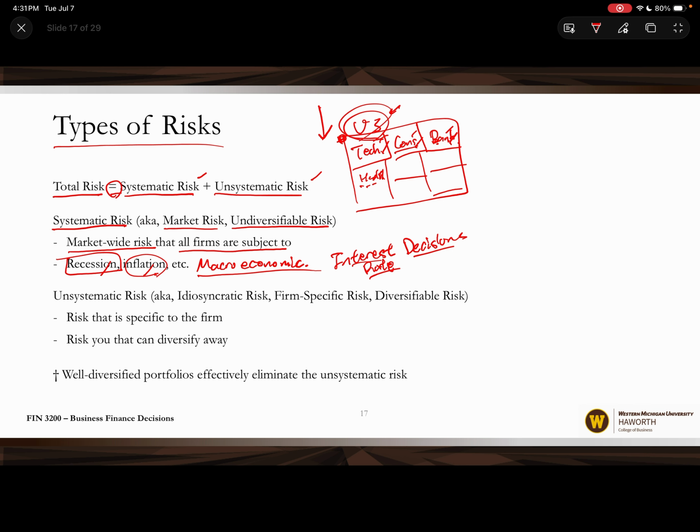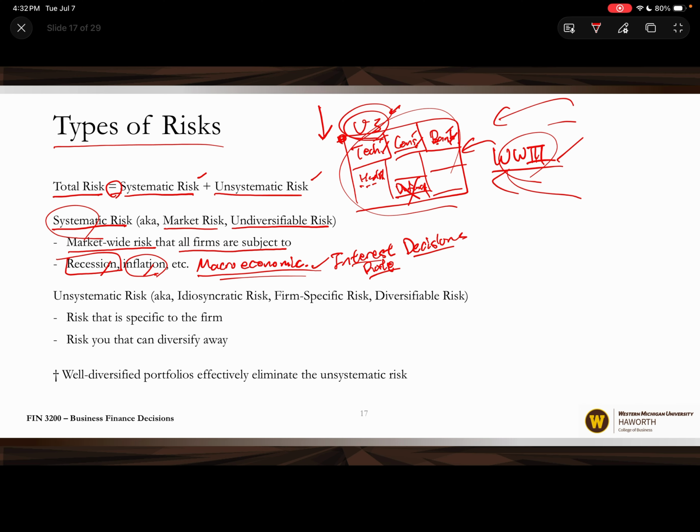And for example, if World War III breaks out, this gets a little tricky because some defense firms will probably do well because they're selling all these weapons, but we'll ignore this for now. But most firms, if the U.S. is heavily involved, hopefully it doesn't happen, but let's say people start bombing the U.S., things won't be good, right? That's a macroeconomic factor. It's a systematic risk.